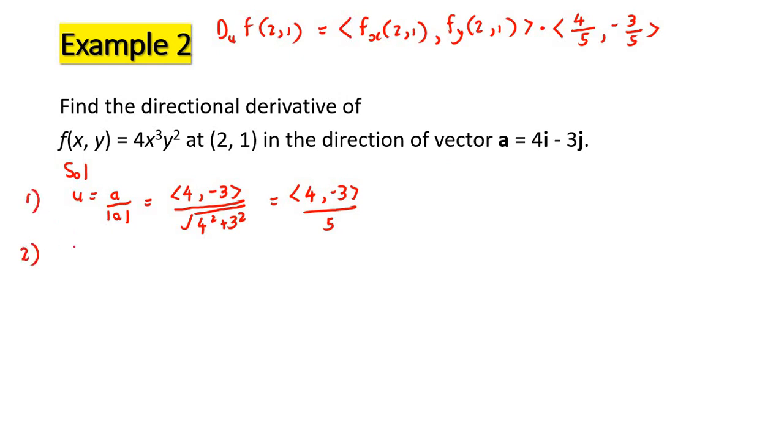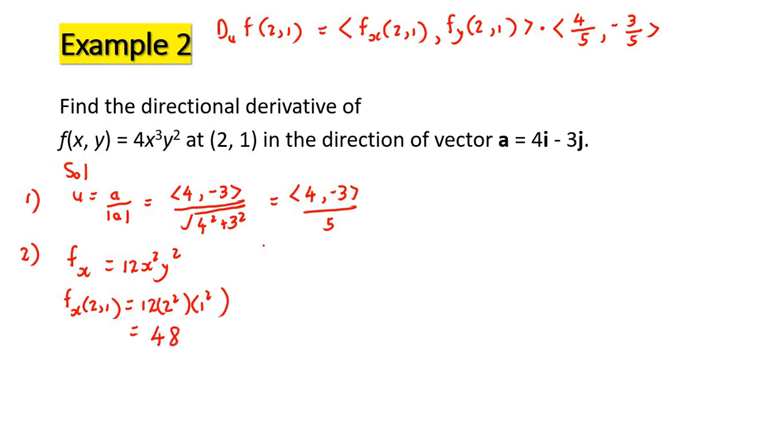Second step, find f_x: differentiate with respect to x while y is constant, so you have 3 times 4, which is 12 x squared y squared. Then f_x at the point (2,1): replace x by 2, so 12 times 2 squared times 1 squared, which is 4 times 12, 48.